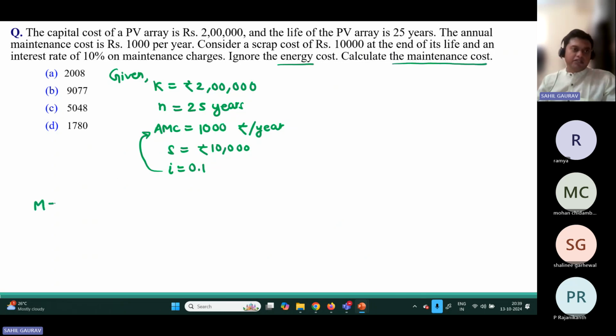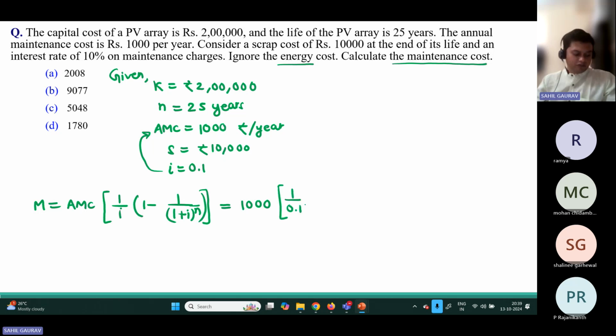So maintenance cost is AMC into 1 upon I, into 1 minus 1 upon 1 plus I to the power N. So it is 10,000 into 1 upon 0.1 into 1 minus 1 upon 1.1 to the power 25.